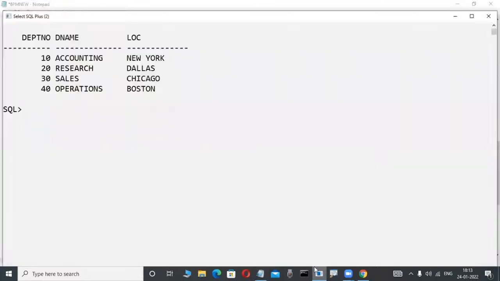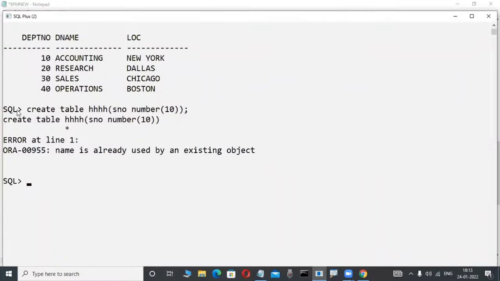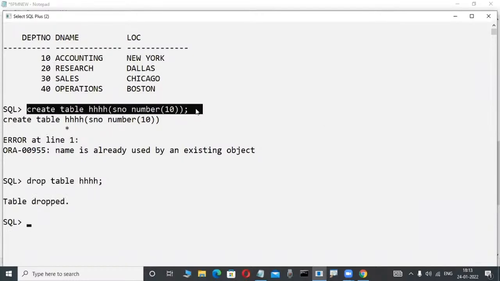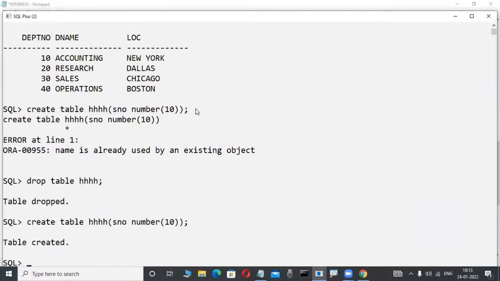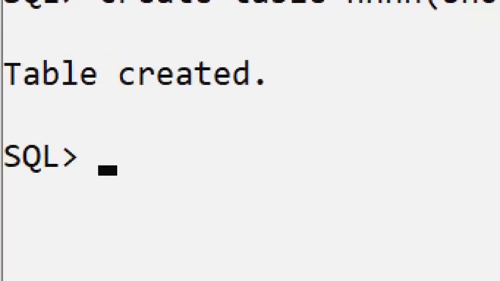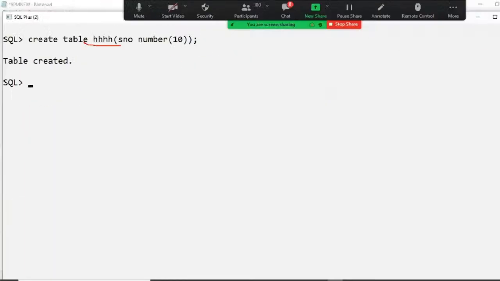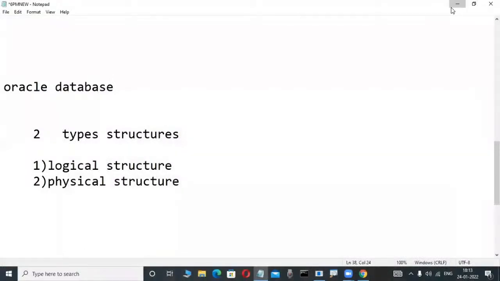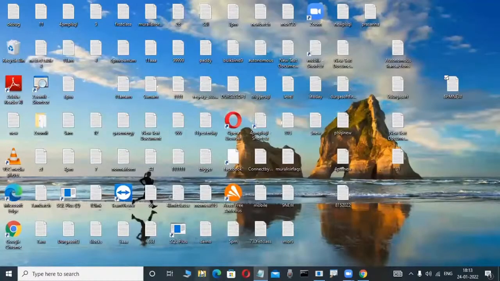Suppose you are creating a table or anything in your database, for example. Whenever I'm creating a table, this is not visible in the operating system.